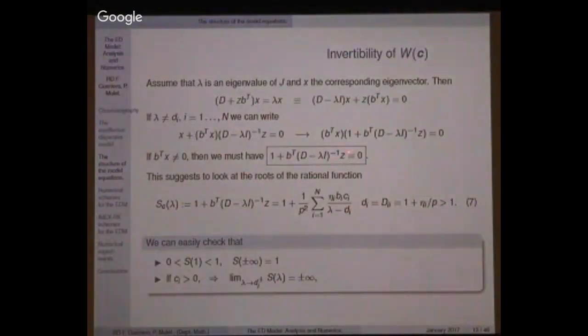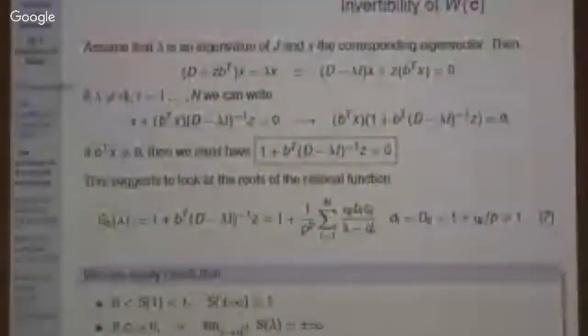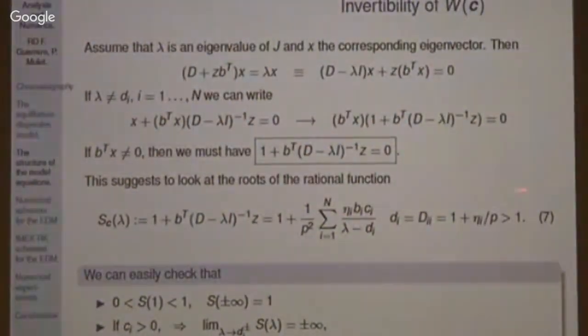This is a scalar relation. This is a rational function that you can write in terms of your d and your z, which you know. So if something is a root of this function, maybe you should look at this function here. You could draw it, and you can compute various things about it.